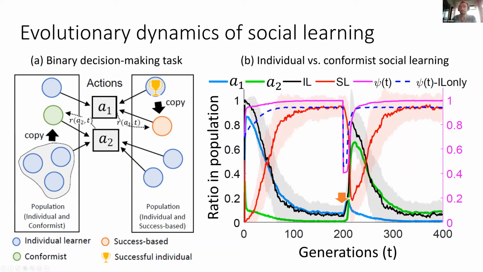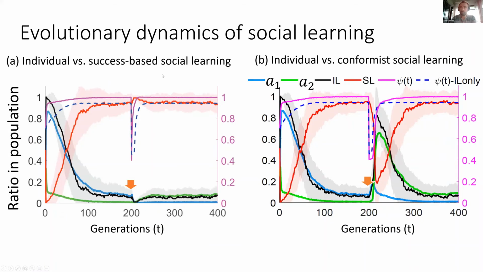So if we look at success-based, a similar plot, in this case individual versus success-based social learners. Here we see a similar pattern in the beginning, but if there is an environment change, there is not much response in terms of an increase in individual learners.